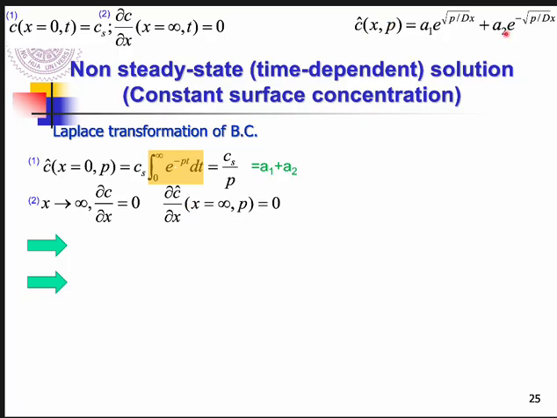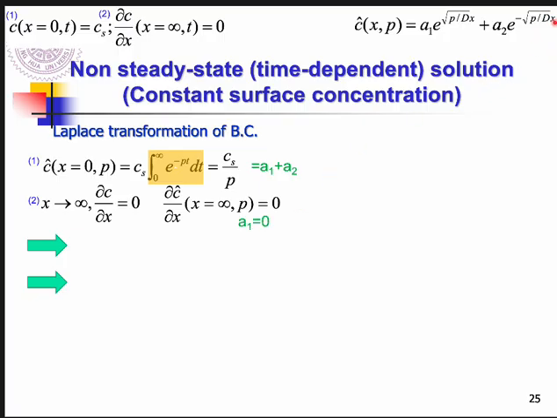And this partial with x, while x equals to infinity, equals 0, which means the only possibility when x equals to infinity is that A1 should be 0. Otherwise, there's no way to get 0 for this result, right? So we got A1 equals to 0.